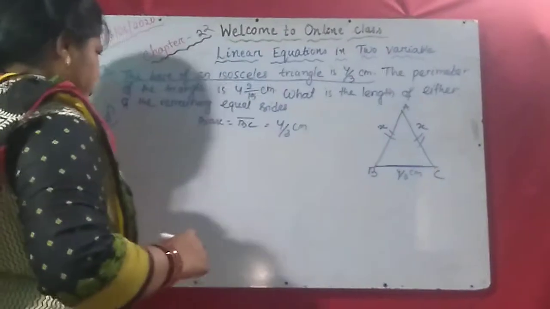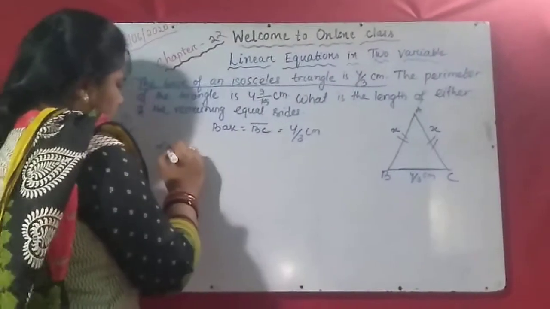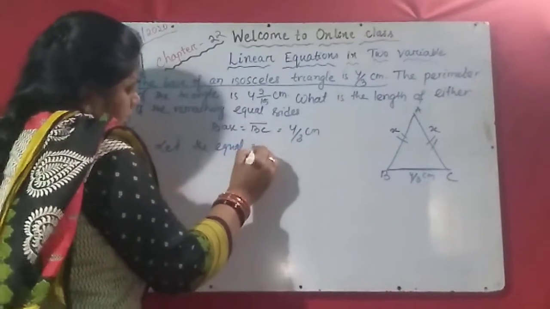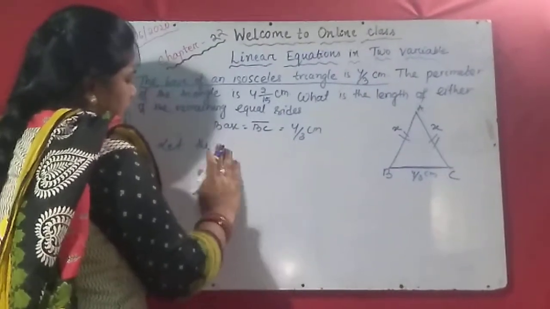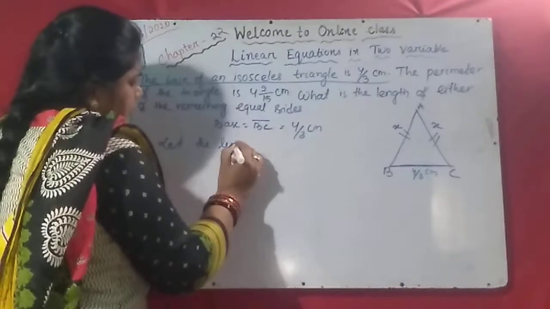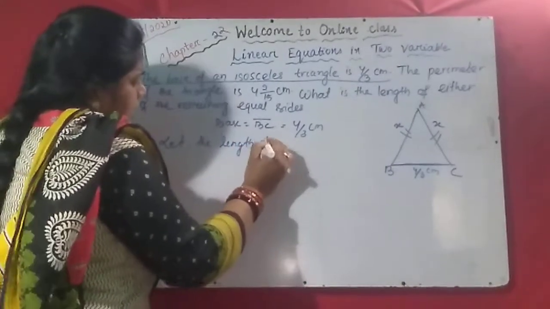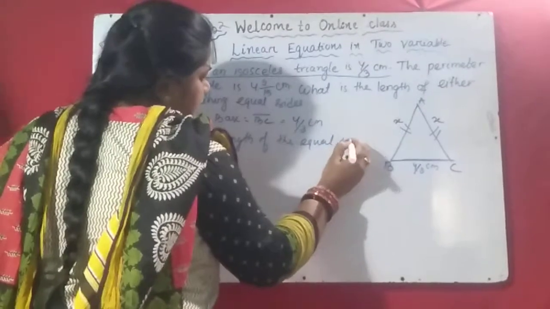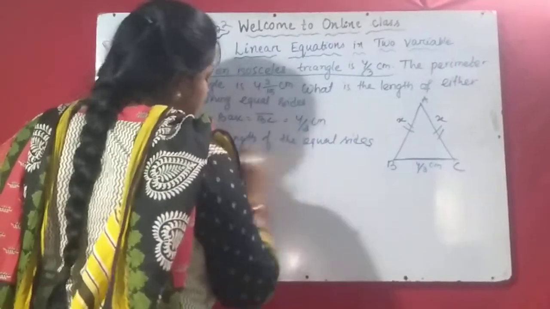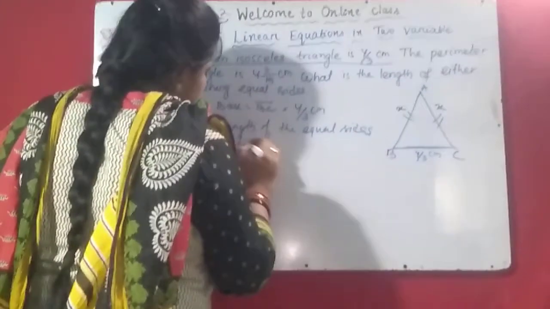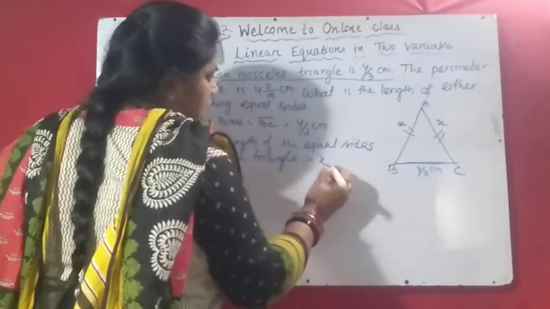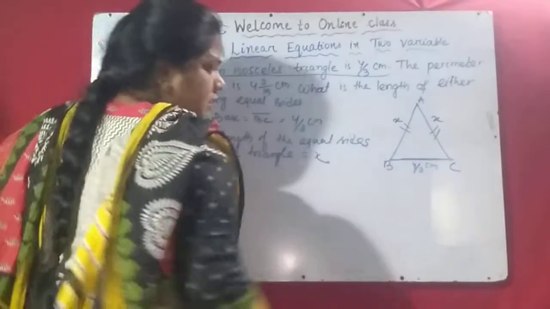So let the length of the equal sides of the triangle be x. This is x, and this is also x.